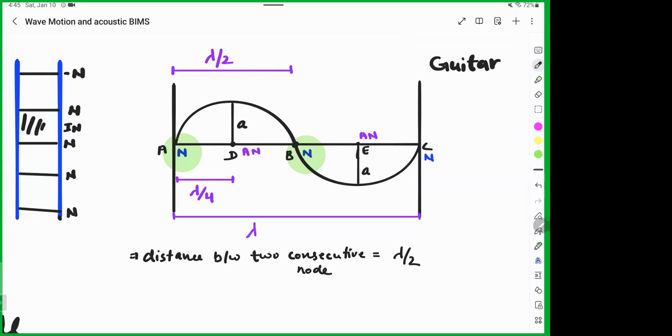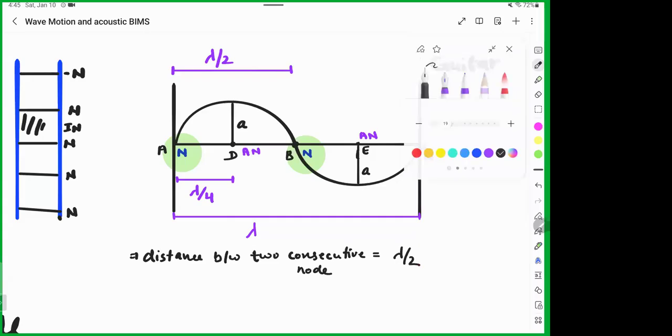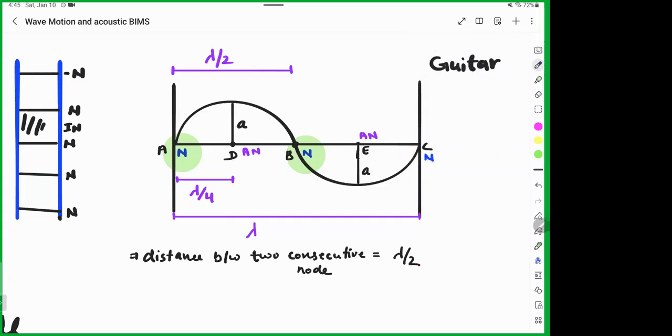Lambda by 2. Next, Sarah, from D to E, you have antinode at D, antinode at E. What will be the distance between these two?